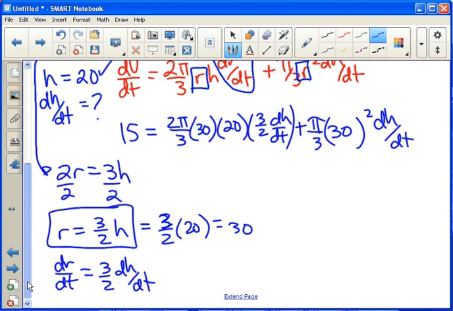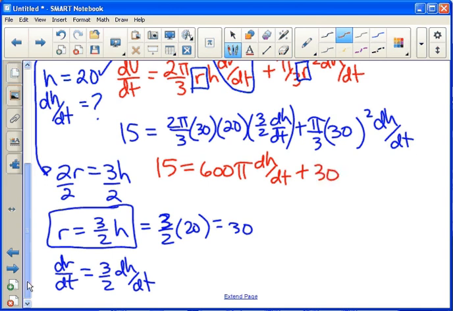So we're going to combine some like terms. Let's see, 2 pi over 3 times 30 times 20 times 3 halves gives us 600 pi. So we have 15 equals 600 pi dh/dt, plus 30 squared times pi over 3, which is 300 pi.